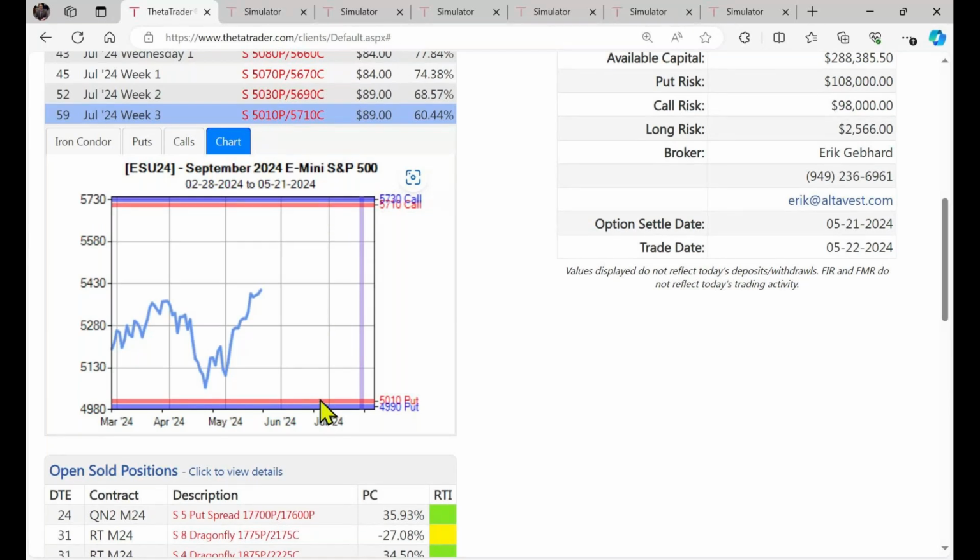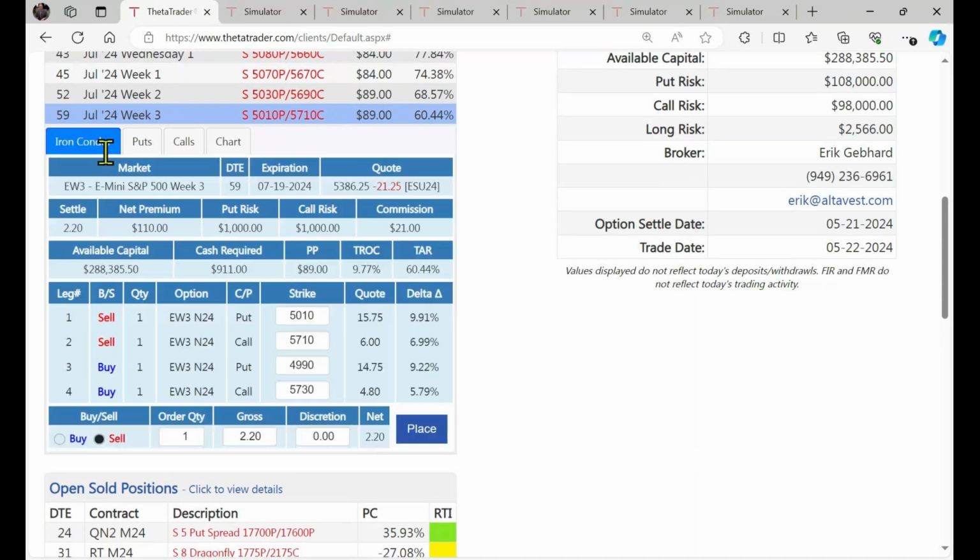So a 700 point difference, your margin of error for the market to move up and down on this particular trade. Let's go back and look at the details. It has 59 days till expiration. You've got settlement value 2.2 points, the net premium, your put risk, call risk, commission, available capital, cash required, profit potential, targeted return on cash, and then your targeted annualized return.